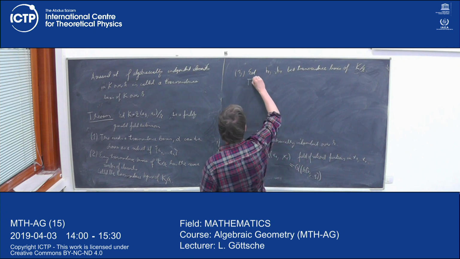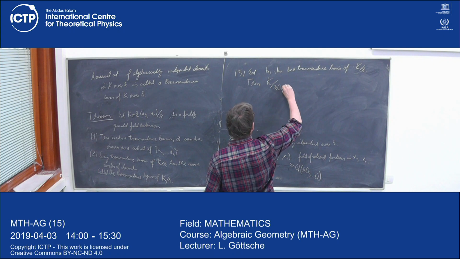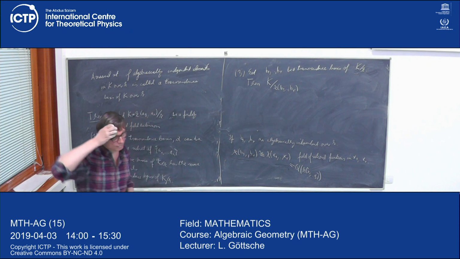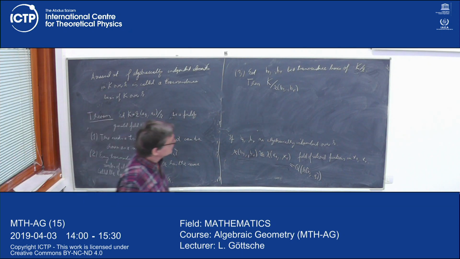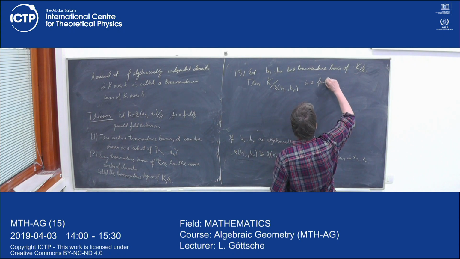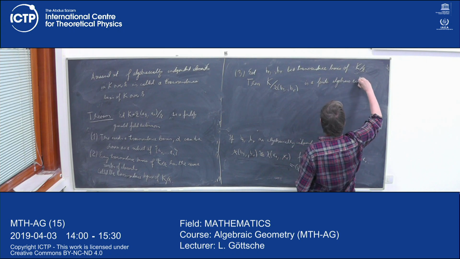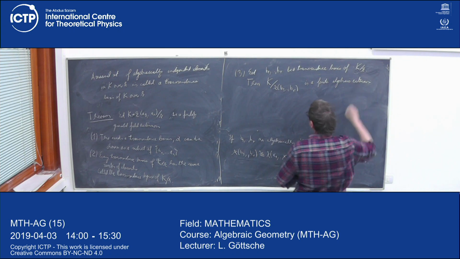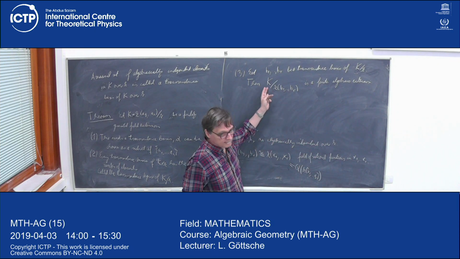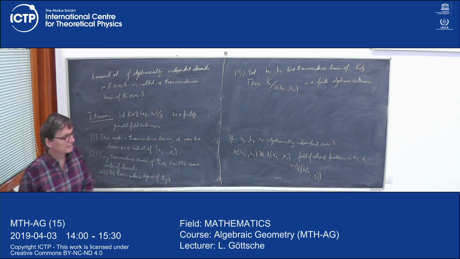Then K over the field generated by this transcendence basis, which we know is isomorphic to a field of rational functions in variables x1 to xr, is a finite algebraic extension. It is finite because we have assumed that K over k is a finitely generated extension. Otherwise it would just be an algebraic extension.